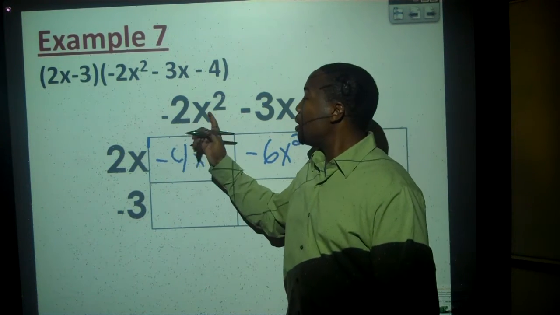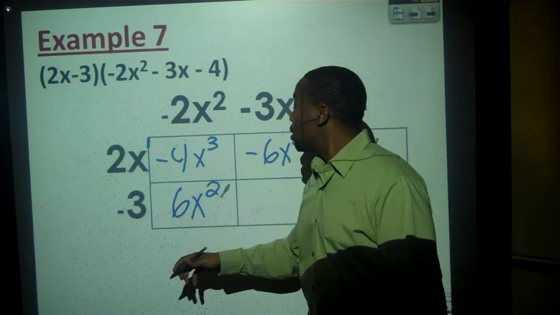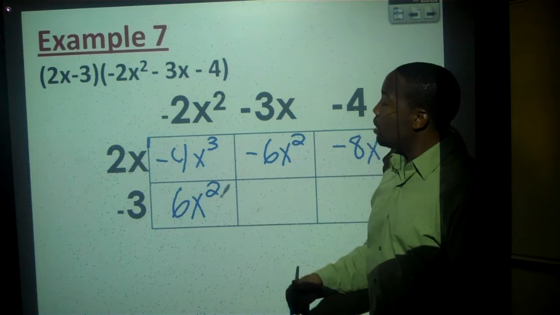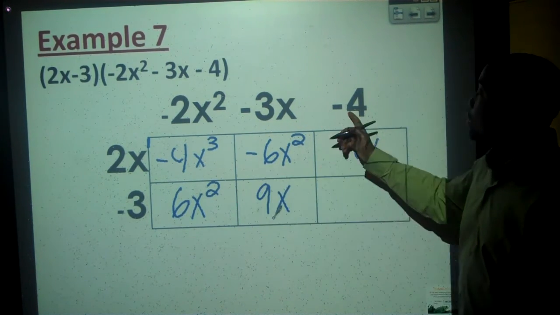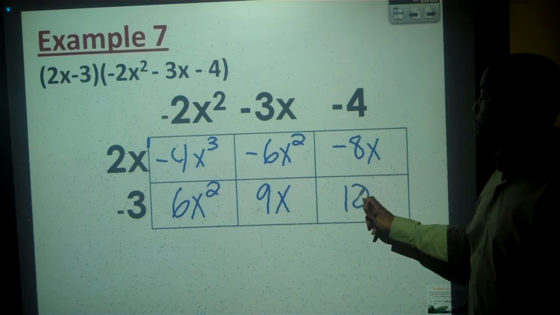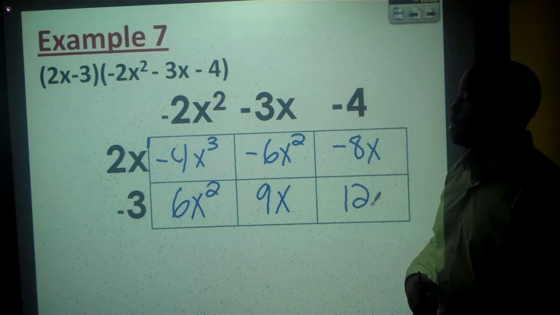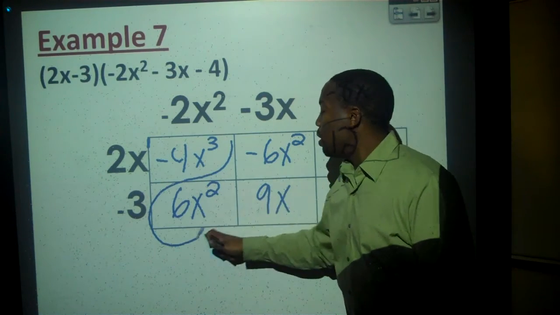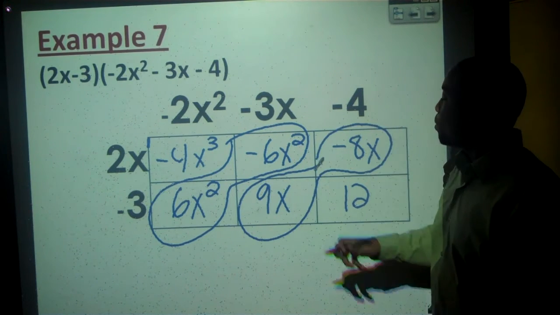So now 2x squared times -3 will give me a -6x squared, -3 times -3 gives me a 9x, and then -3 times -4 will give me 12. Now, like I said earlier, most of the time the like terms are diagonal. If you look at this one right here, these are like terms, and this one right here is also like terms.